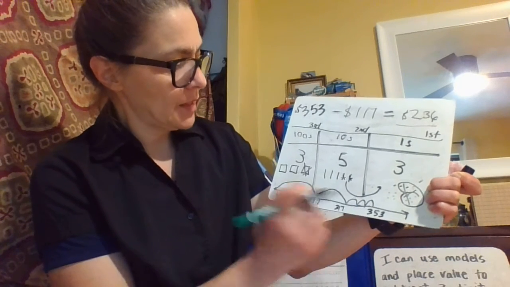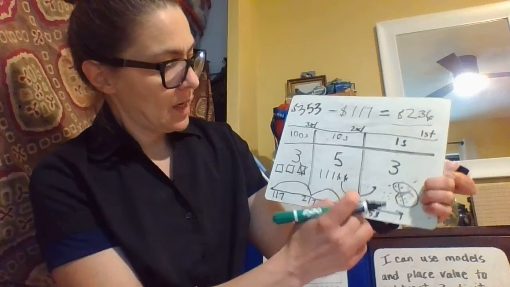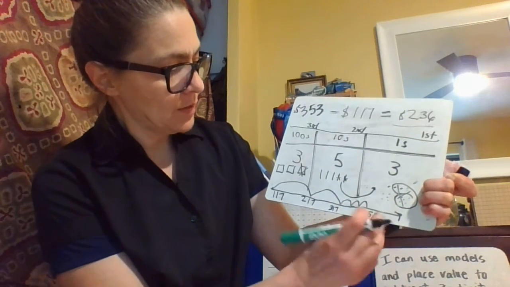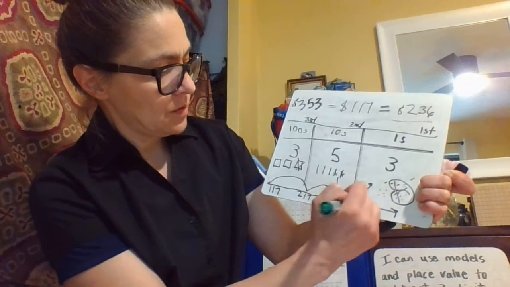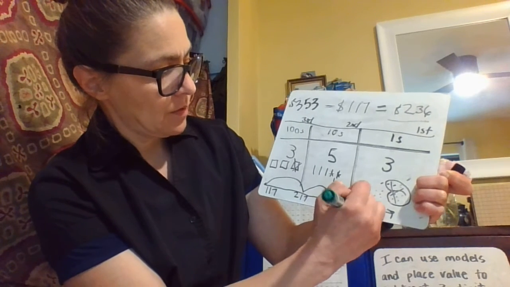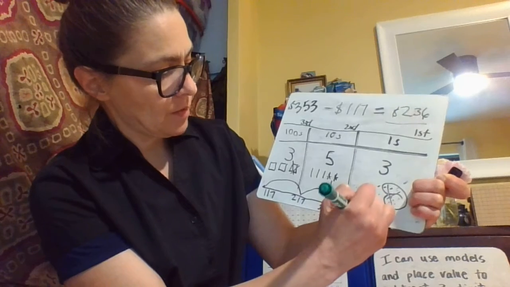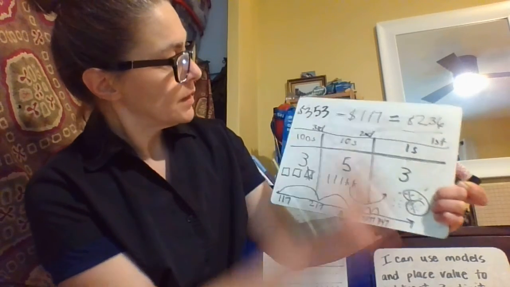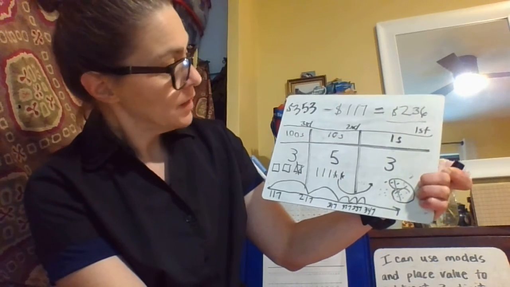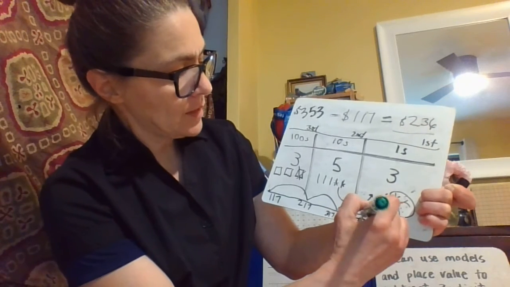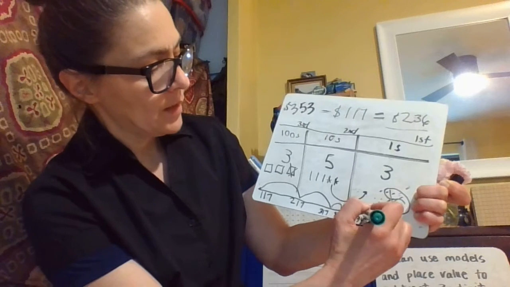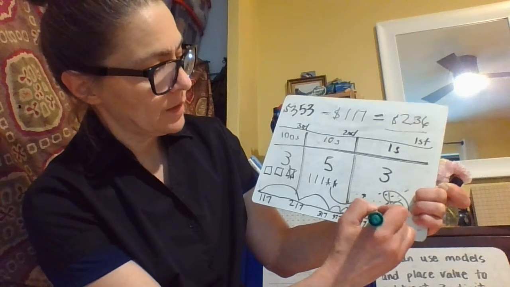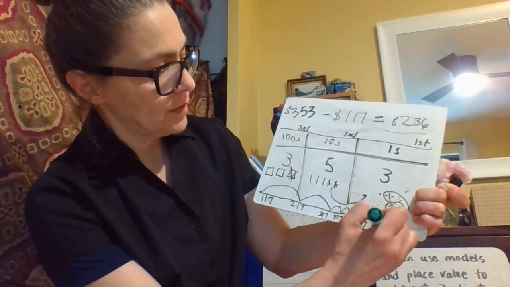So we went up 3 tens. And then we still need to go up some ones, right? Because we are at 347. We need to get to 353. So we need to go up 3 ones to get to the next 10. And then another 3 to get to 353.